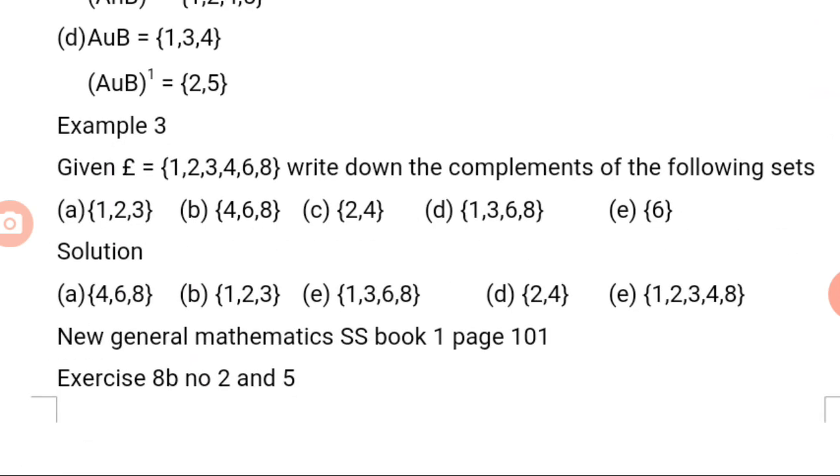SS1A complement will be those that are in SS1, all students that are in SS1 but are not in SS1A. They are what you call SS1A complement. Likewise SS1B and SS1C. Do you understand that?